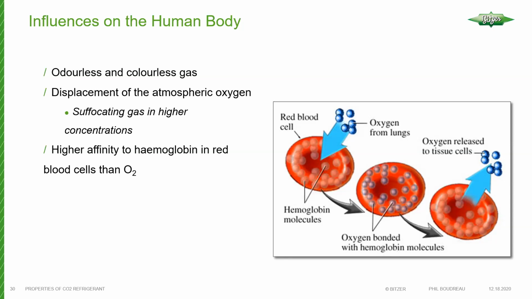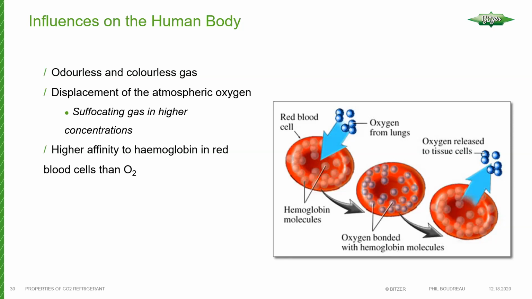If we have a high concentration of CO2, then the oxygen can't really get in there, because CO2 has a higher affinity to hemoglobin in red blood cells than O2. So this is why it's very important that concentrations are kept below certain limits in mechanical rooms.